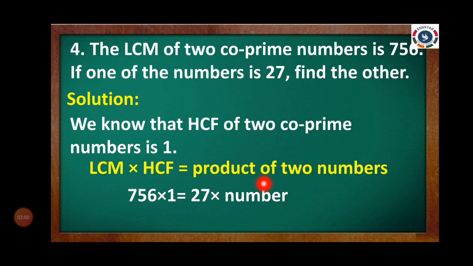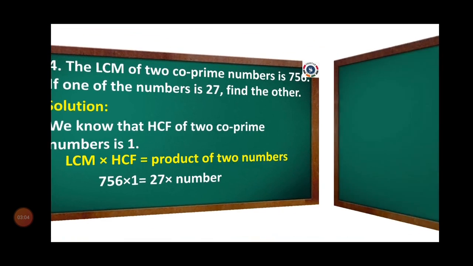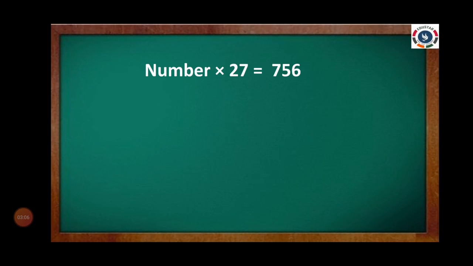The number. So you have to bring it to the left side, so exchange the places. Number into 27 equals 756 into 1. 756 into 1 we get 756, so I am writing here.